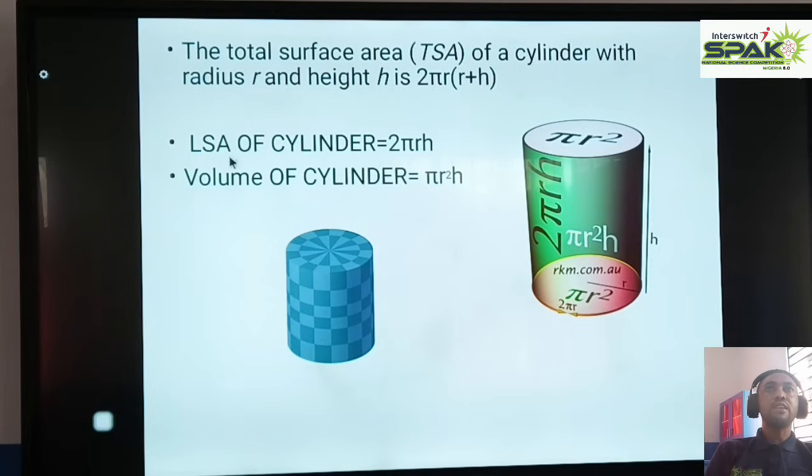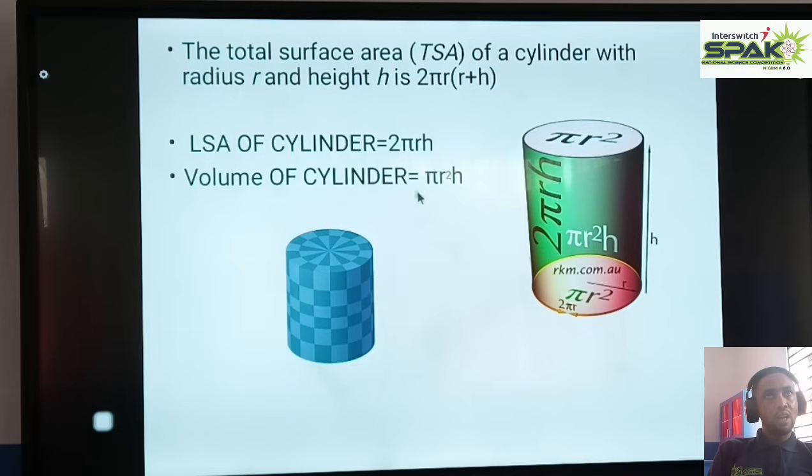Now the lateral surface area. The lateral surface area of a cylinder is 2 pi rh. We have discussed that. And the volume of a cylinder is pi r square h. That is the area of the base times the height. So a cylinder is also a prism.